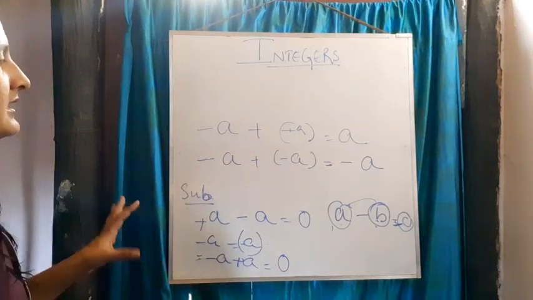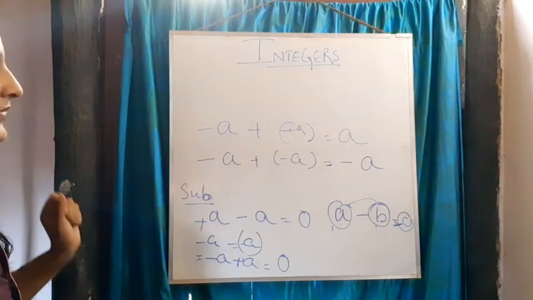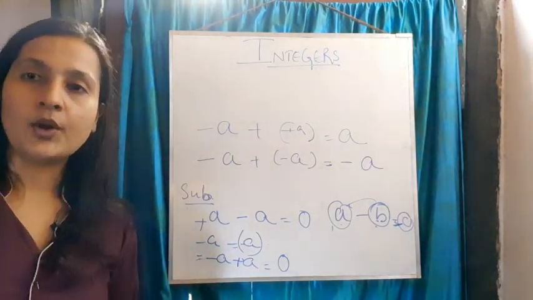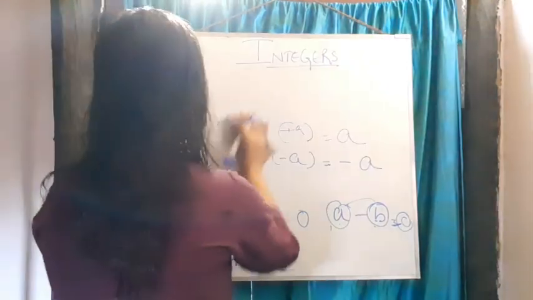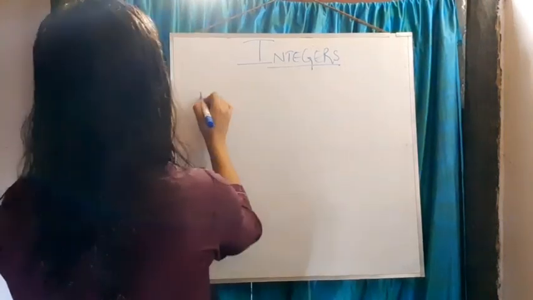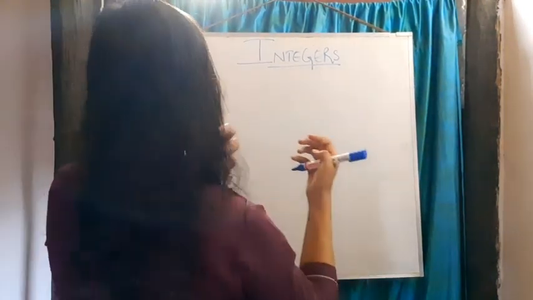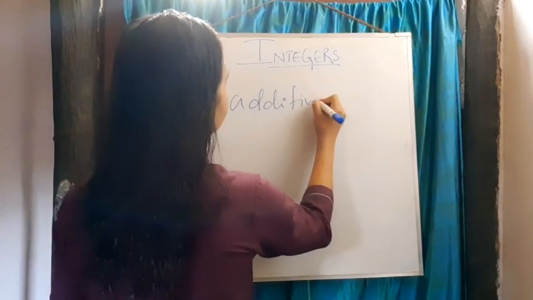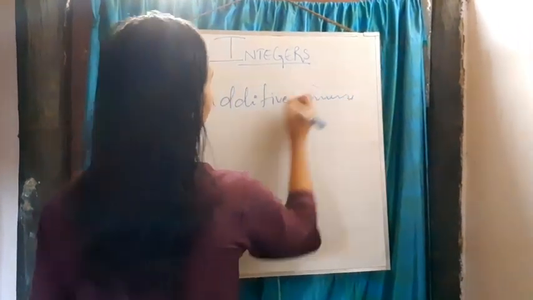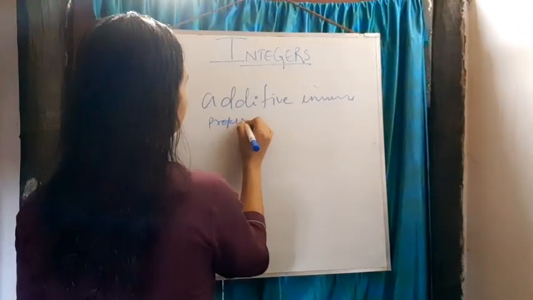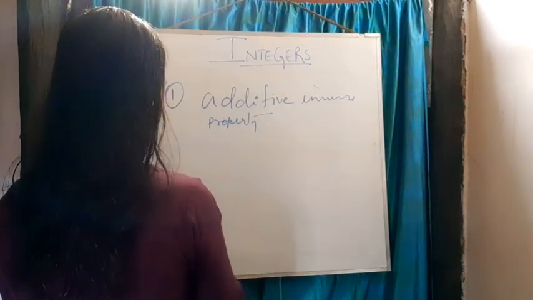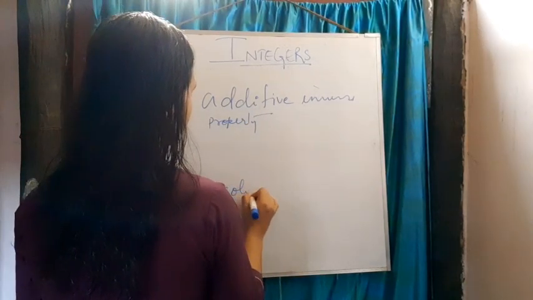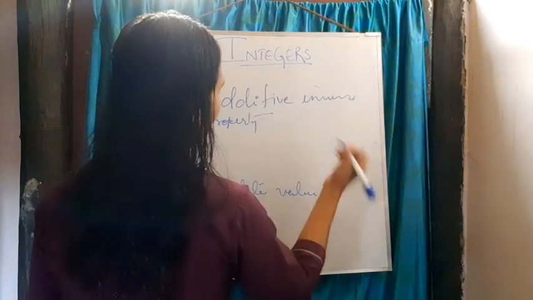Now in integers, these are the rules of signs. Now, there are two more points which you should know. Number one is the additive inverse property, and the other is the absolute value of any number.